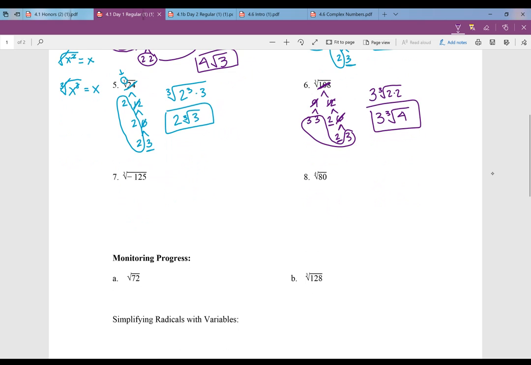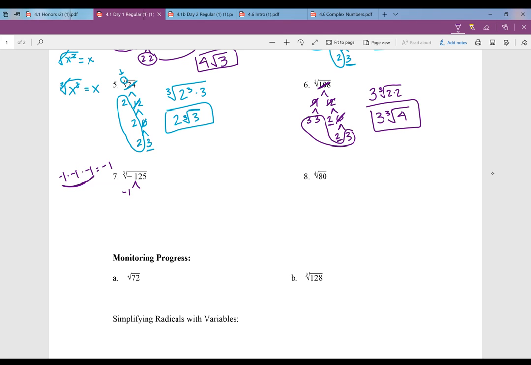Okay, let's look at number 7. So this one we have the cubed root of negative 125. Now we can find cubed roots of negative numbers, right? Because negative 1 times negative 1 times negative 1 is equal to negative 1. So that's 3 things that multiply to a negative.